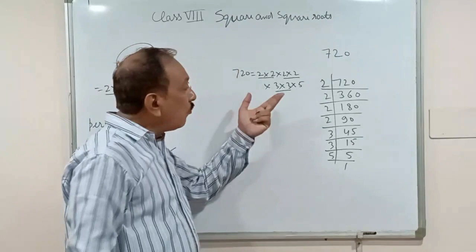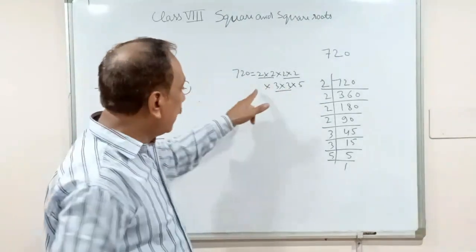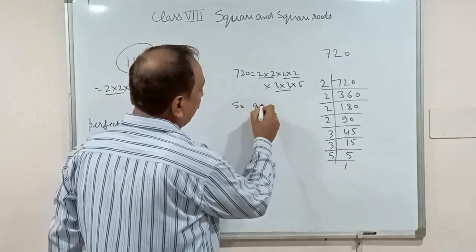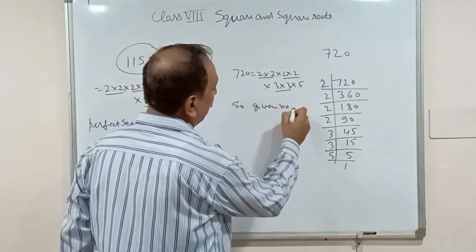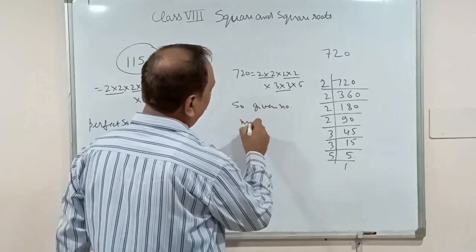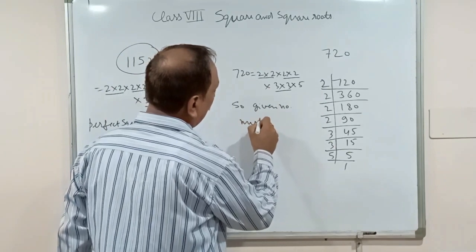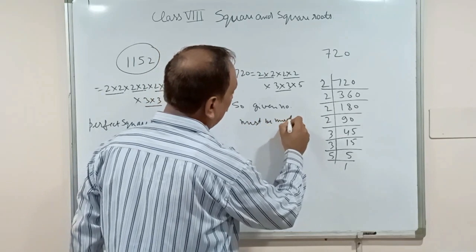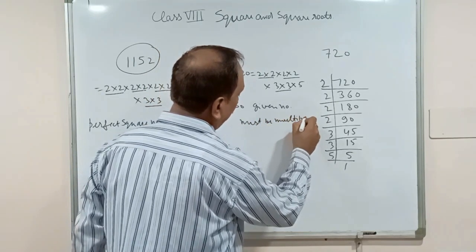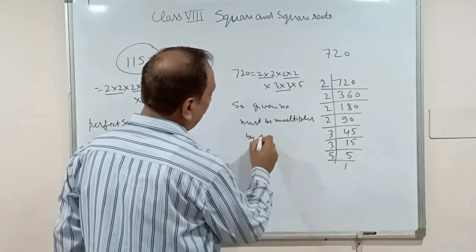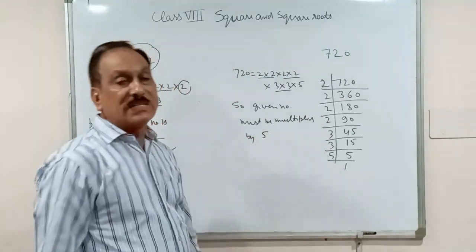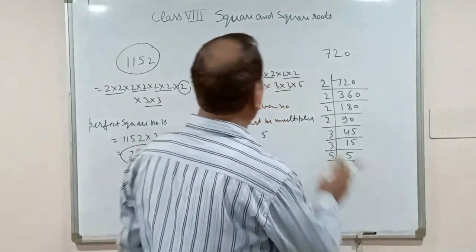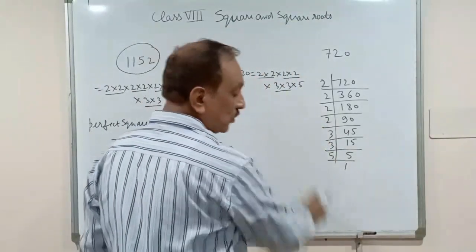My question is, what number should be multiplied? So the given number must be multiplied by 5, then it is a perfect square.